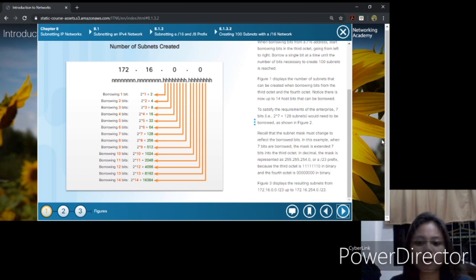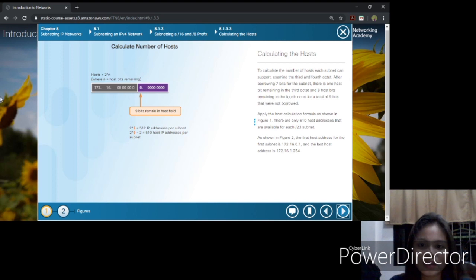When 7 bits are borrowed, the mask is extended 7 bits into the third octet. The decimal representation is 255.255.254.0 because the third octet is 11111110 in binary and the fourth octet is 00000000 in binary.